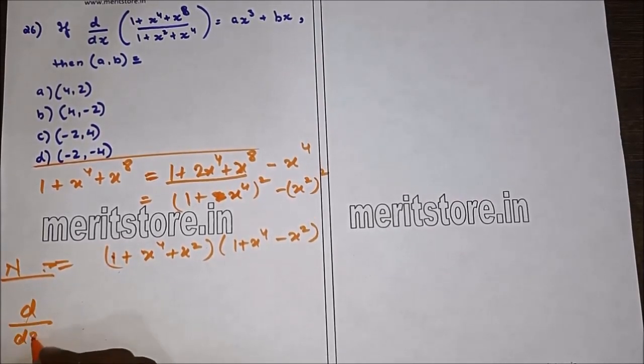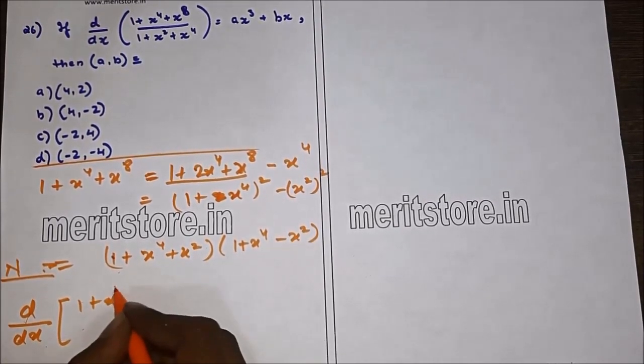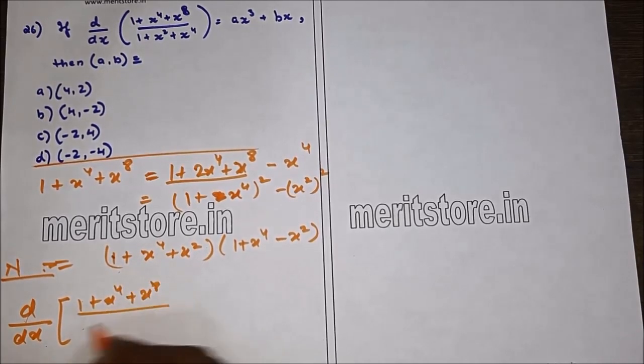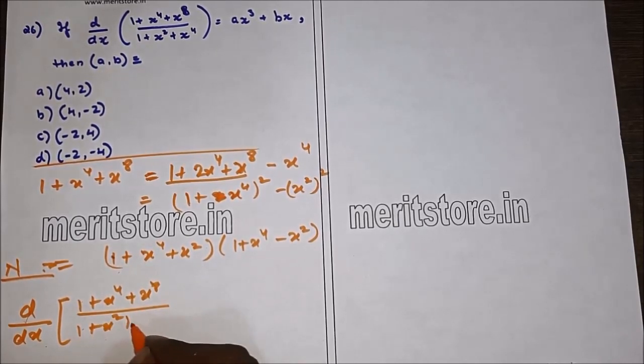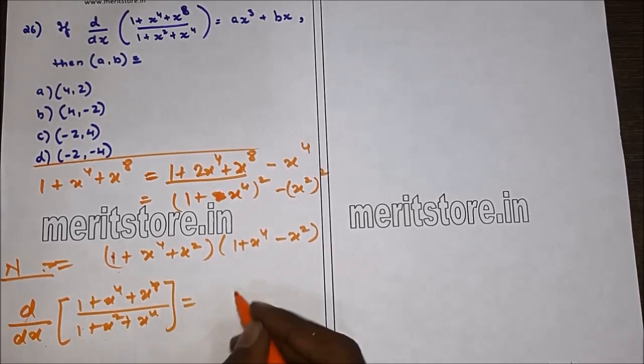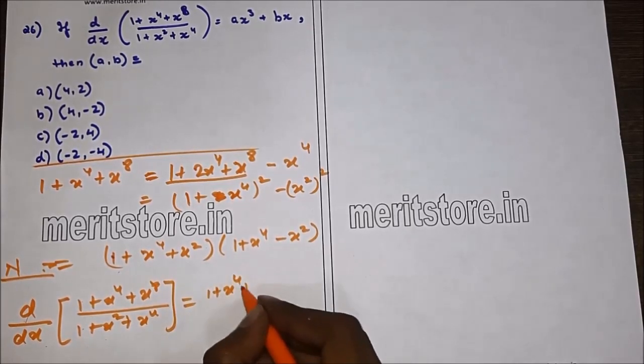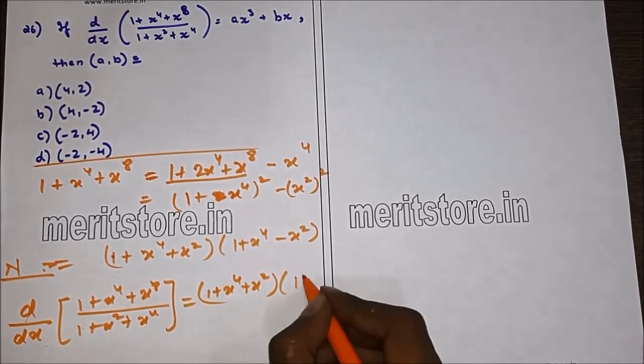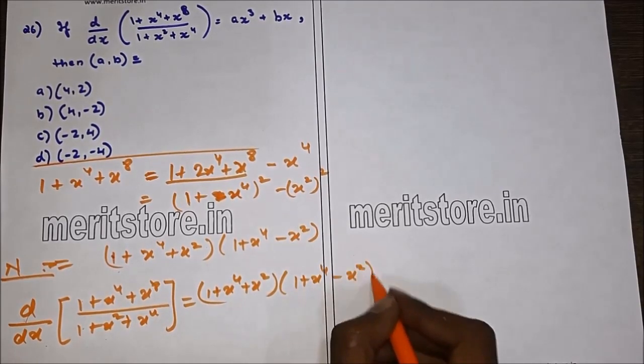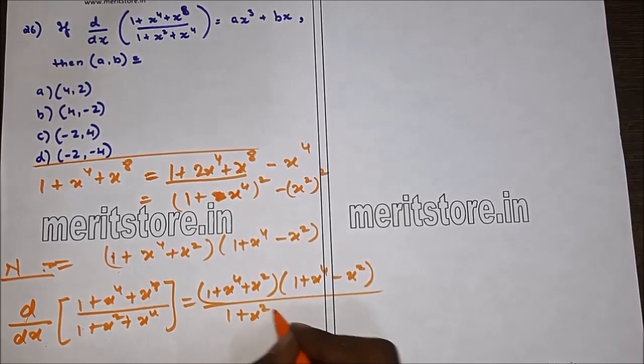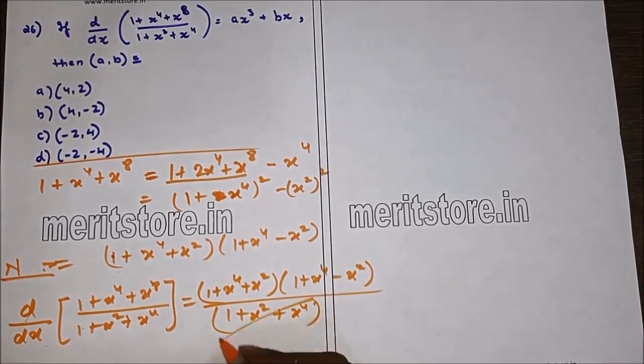So we have to find d by dx of (1 + x^4 + x^8) divided by (1 + x^2 + x^4), which is equal to 1 + x^4 + x^2 into (1 + x^4 - x^2) divided by (1 + x^2 + x^4). This term gets cancelled.